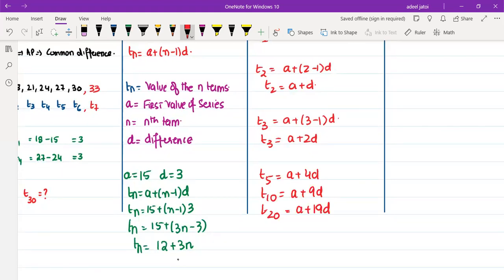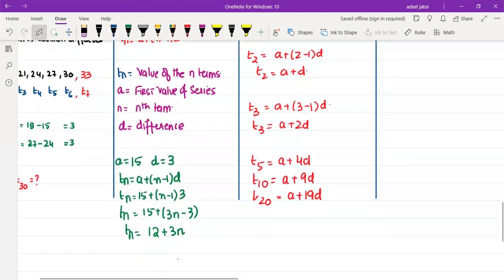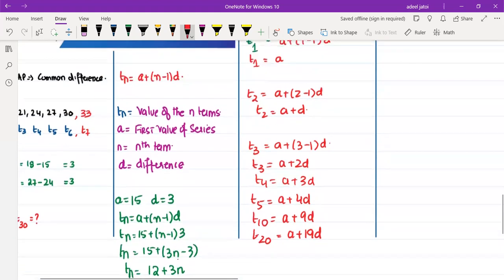T1 is A, T2 is A plus D, T3 is A plus 2D, T4 is A plus 3D, T5 is A plus 4D, T10 is A plus 9D, T20 is A plus 19D.